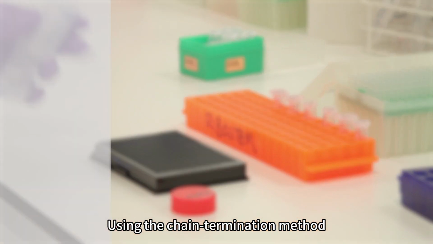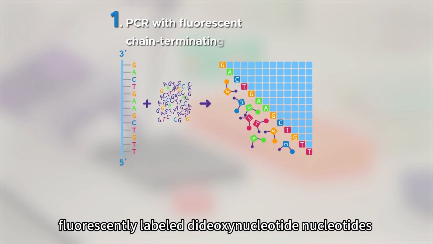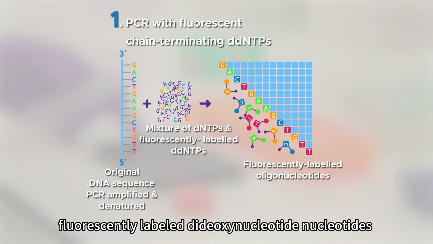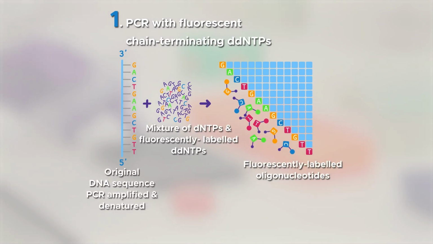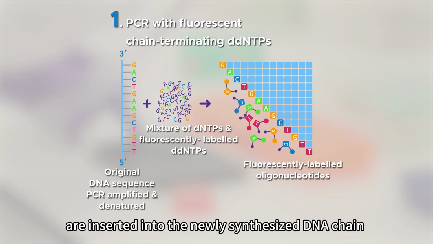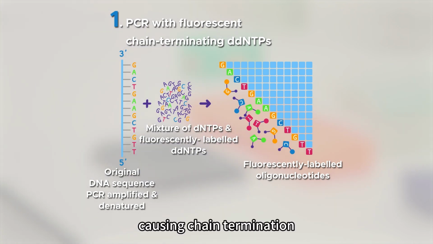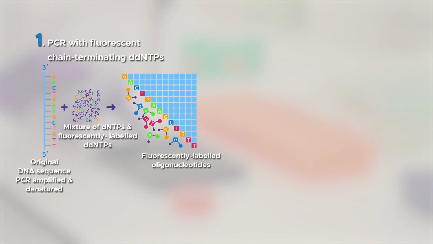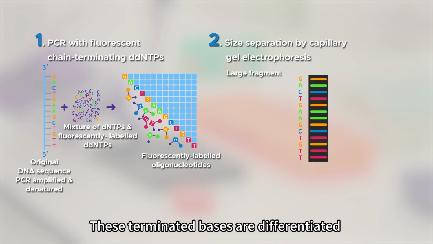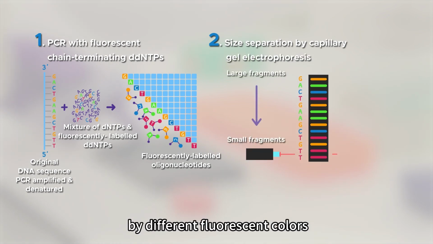Using the chain termination method, fluorescently labeled dideoxynucleotides, ddNTPs, are inserted into the newly synthesized DNA chain by DNA polymerase during DNA replication, causing chain termination. These terminated bases are differentiated by different fluorescent colors.